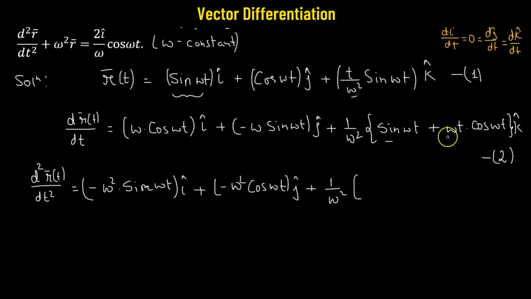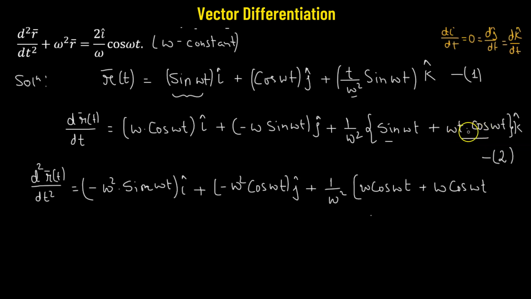So we'll take the derivative of each of the two terms. The derivative of sine omega t is omega cosine omega t, and we'll have to use the product rule here. So this will become omega cosine omega t. We'll come to the sign in a moment.